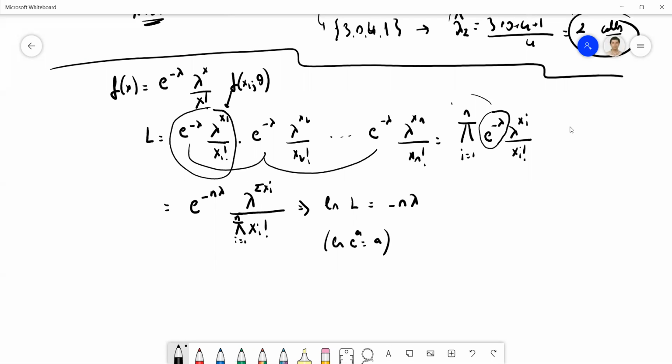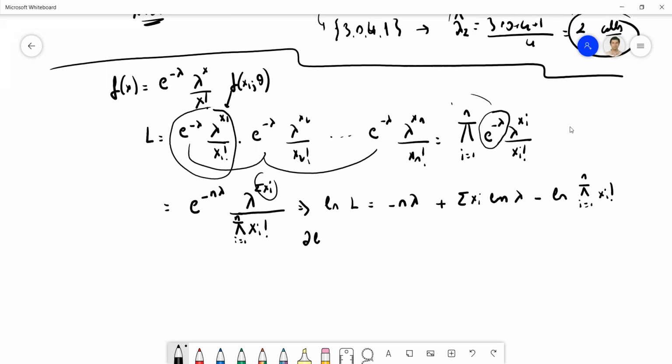So we have minus n and lambda here, plus the summation of xi, which comes before the ln term, ln lambda. This seems confusing, but hopefully there's going to be a very easy trick. Let's keep it as it is. Note that since this is in the reciprocal, there's going to be a minus sign here.